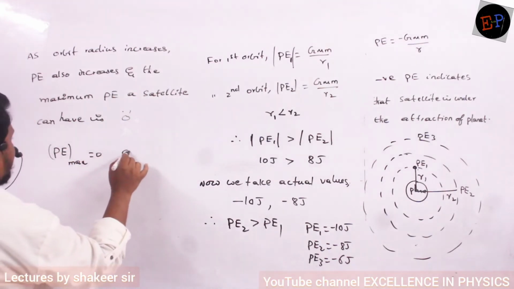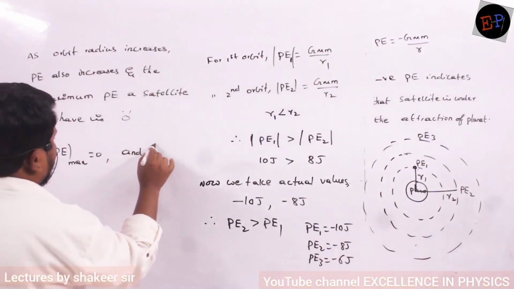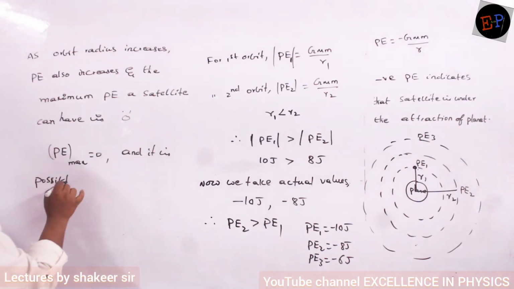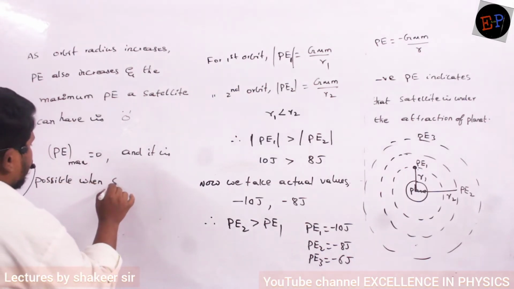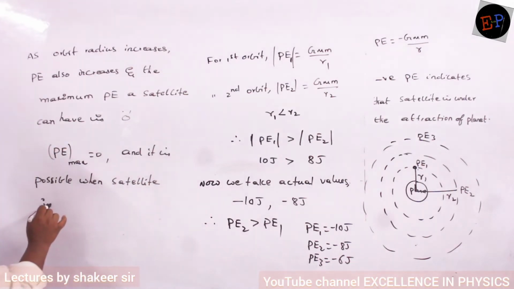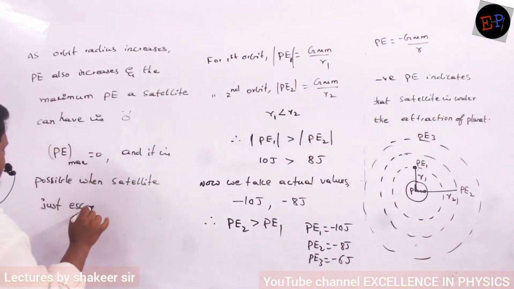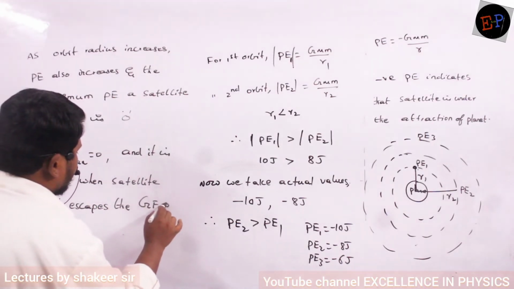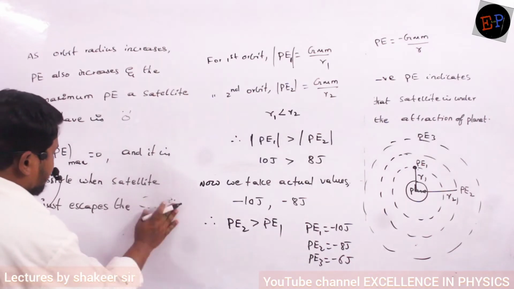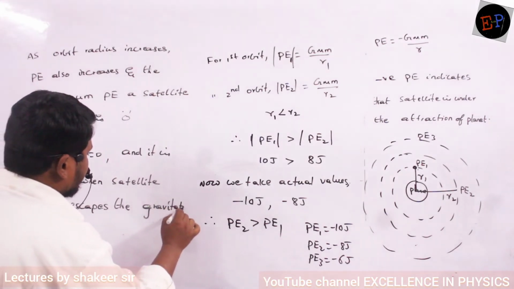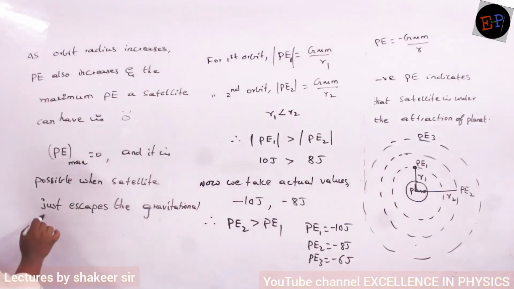And when is it possible? When the satellite just escapes the gravitational field of the planet.